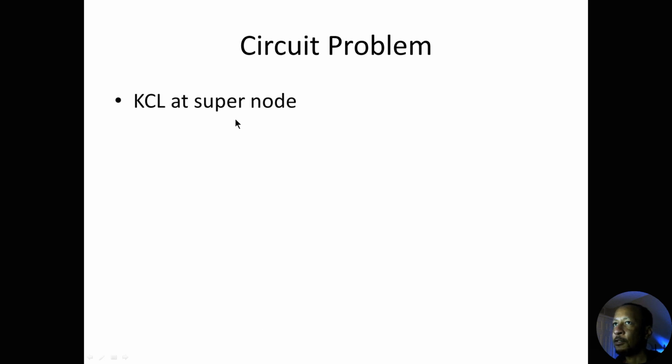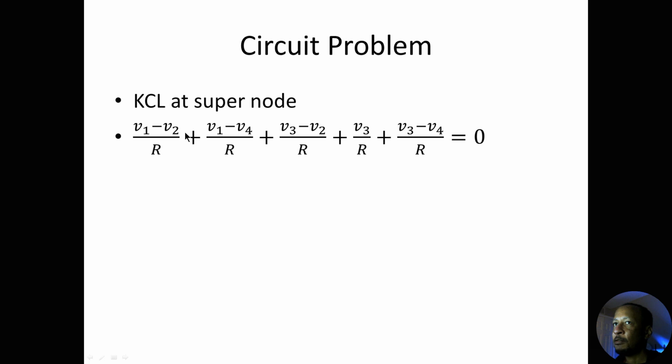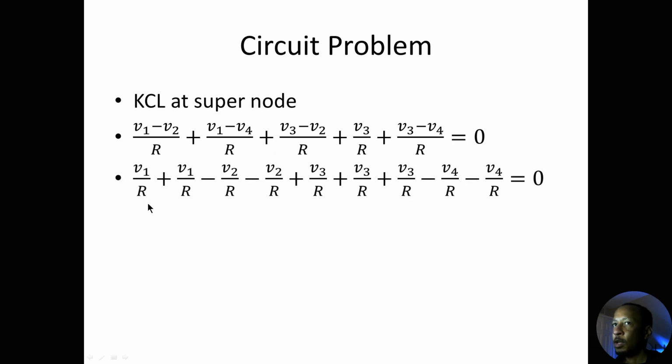So KCL at the supernode, we have V1 minus V2 over R plus V1 minus V4 over R plus V3 minus V2 over R plus V3 over R plus V3 minus V4 over R equals 0. Next, we have V1 over R plus V1 over R minus V2 over R minus V2 over R plus V3 over R plus V3 over R plus V3 over R minus V4 over R minus V4 over R equals 0.